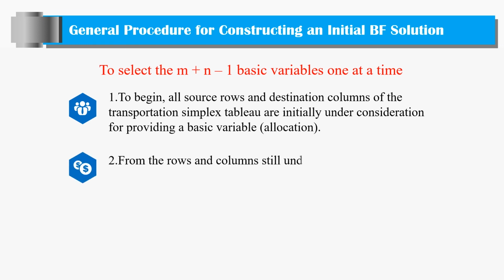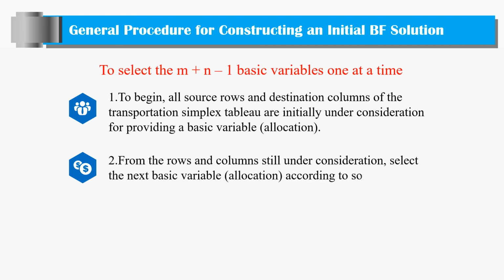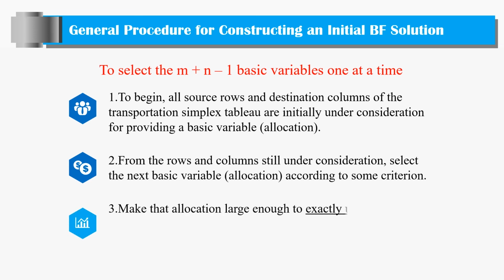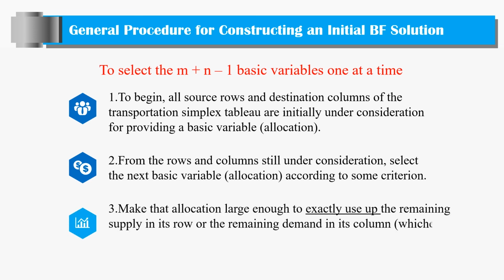Second, for the law and claim still under consideration, select the next basic variable according to the 3 criteria we gave. Third, make that allocation large enough to exactly use up the remaining supply in its law or the remaining demand in its claim.